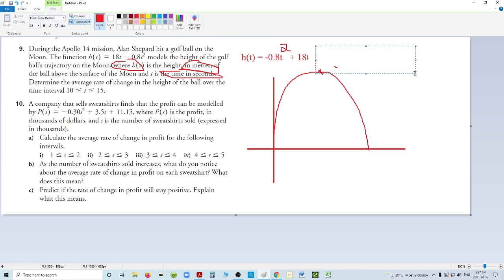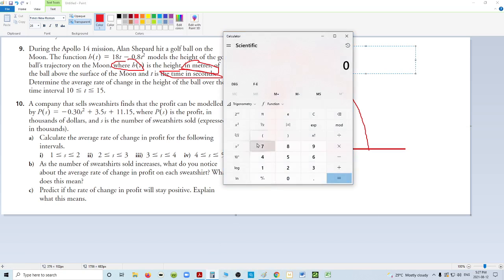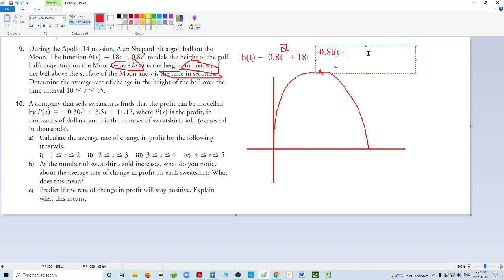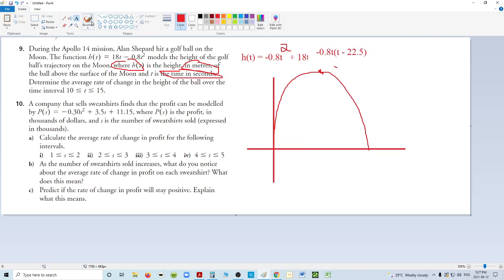So if I factor out t, minus 0.8t, I'm left with t minus, and I believe I came up with, what's 18 divided by negative 0.8? It's negative 22.5. Ah, there we go. So now I've come up with the vertex of this thing.